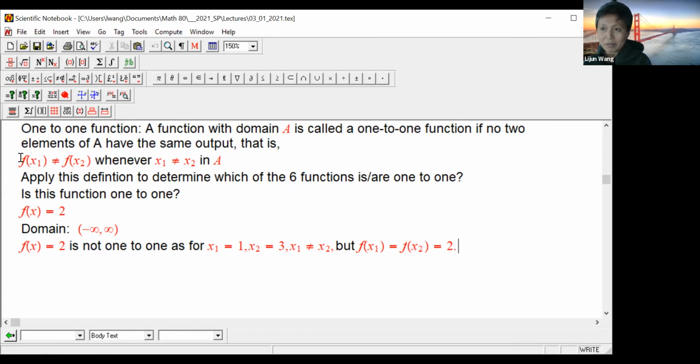The definition of one-to-one is that whenever inputs are different, the outputs must not be the same. And here we have different inputs, but we have the same output. Therefore, it is not one-to-one. Do you guys follow me? So that's contrary to the requirement of one-to-one function. Yes, are you following?